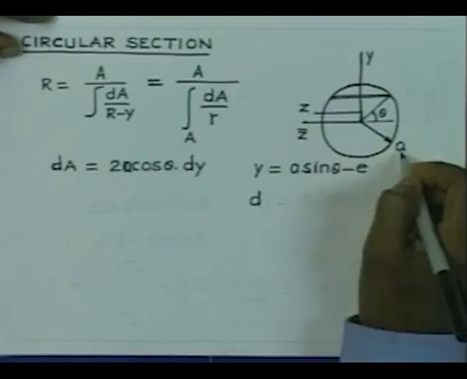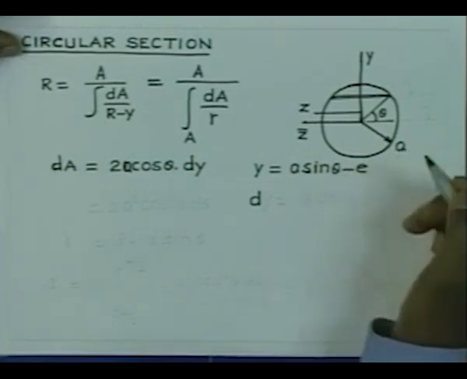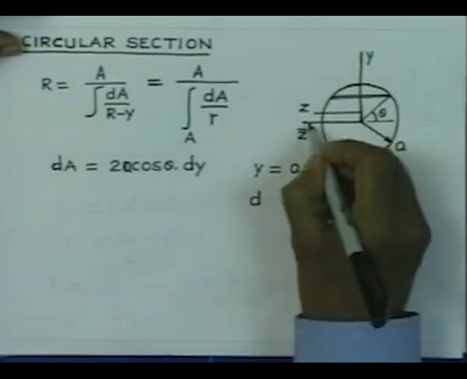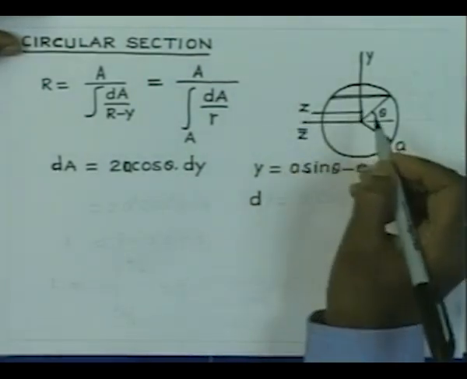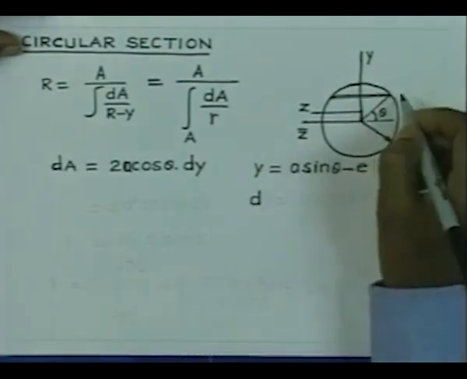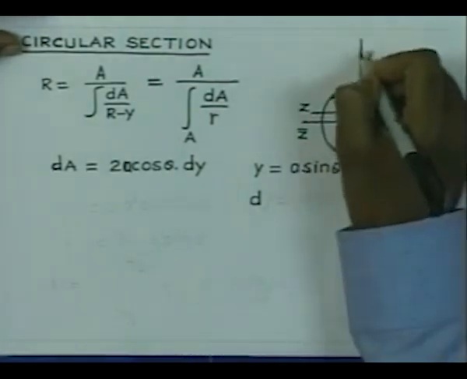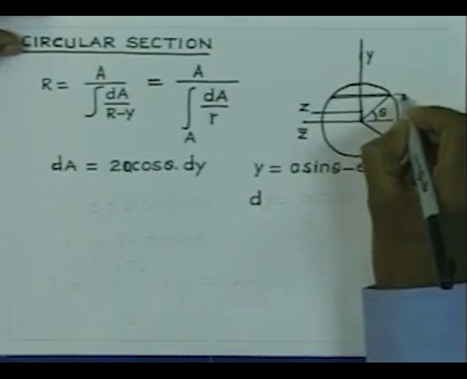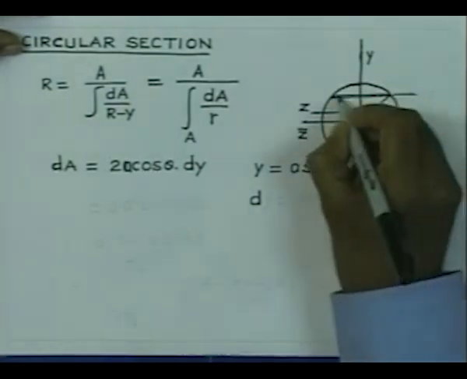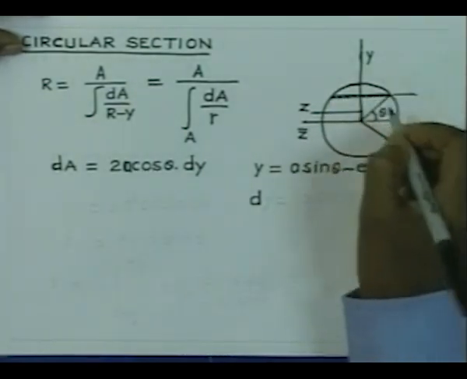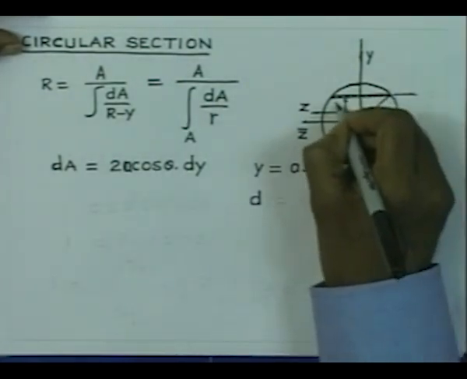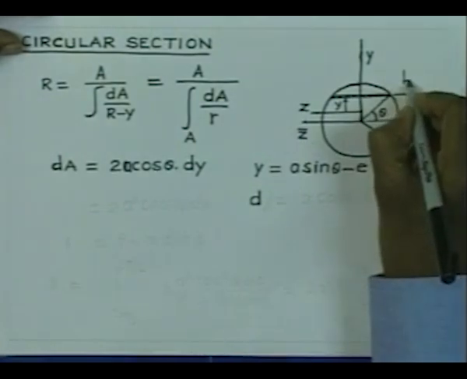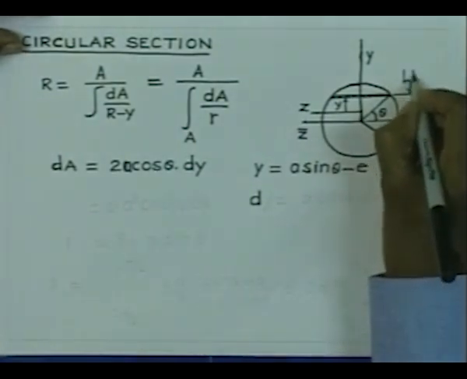Let the section be a solid circular section of radius a, and the CG is of course at the center, and the neutral axis is passing through the point here, while the center of curvature is located somewhere this side. Let us now consider a fiber here which is at a distance y, let us say. The radius of this fiber is equal to r.